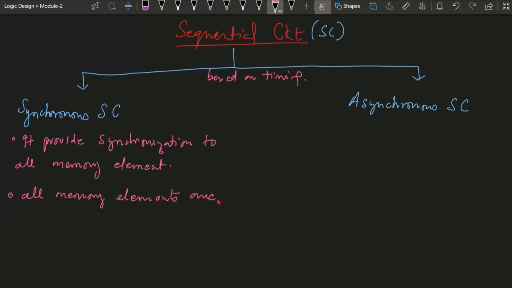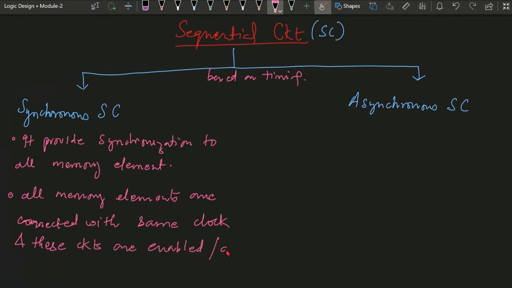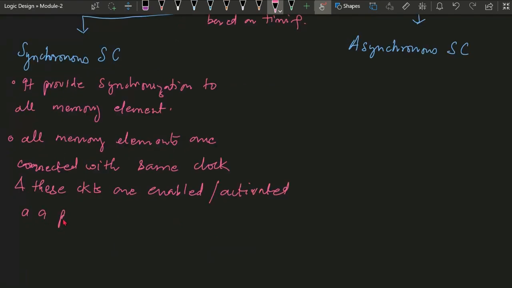All memory elements are connected to the same clock, and these circuits are enabled, or activated, at a particular time. All the components of the synchronous sequential circuit will be connected with the same clock.